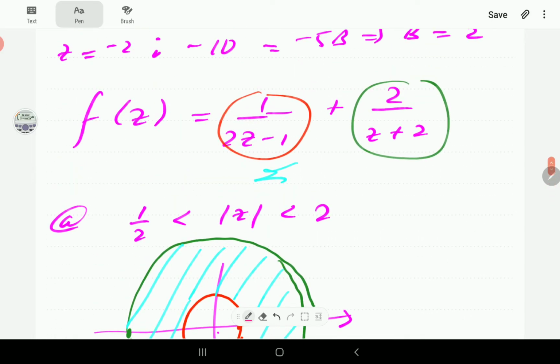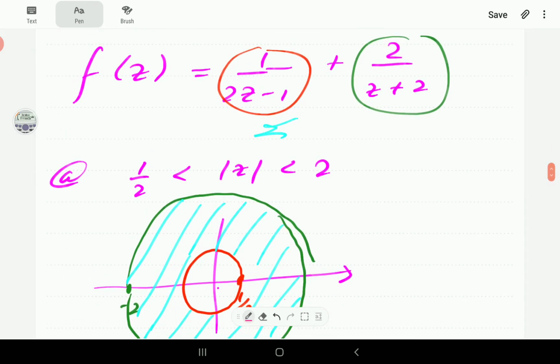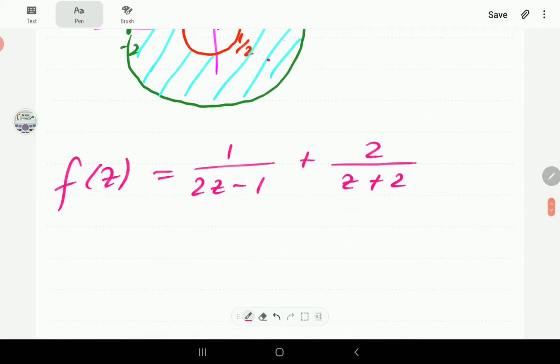Looking for the region outside, we factor out the z term. So for the red circle, we're looking for the region outside, so we're going to factor out 2z there.